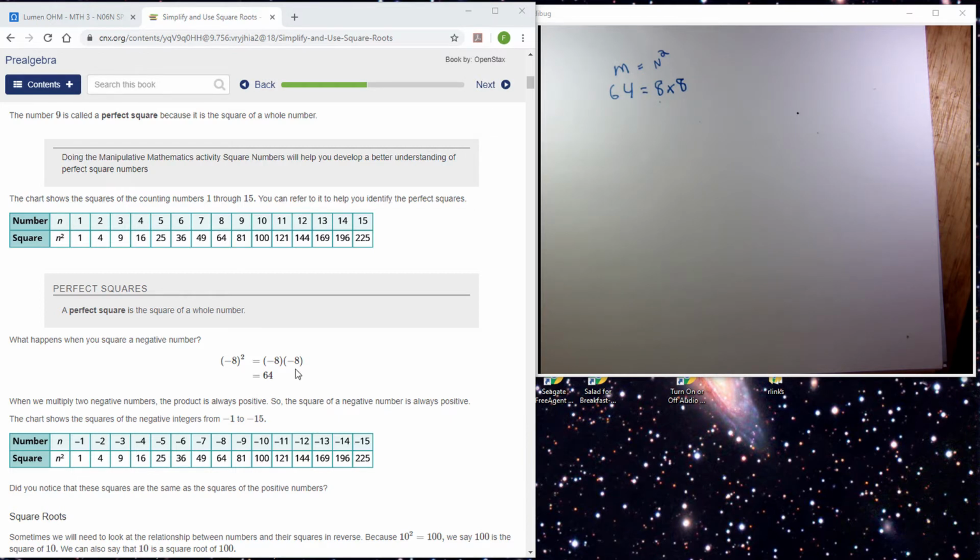Anytime the signs are the same and you're multiplying, the answer is positive. When n is negative, n squared is always positive. So whenever you square something, you're always going to end up with a positive number.